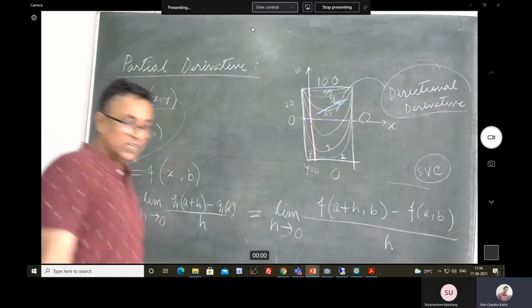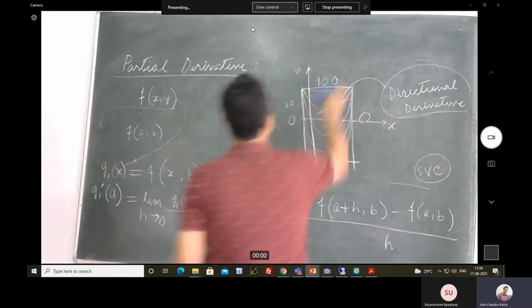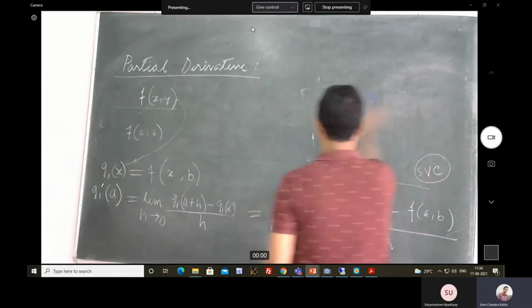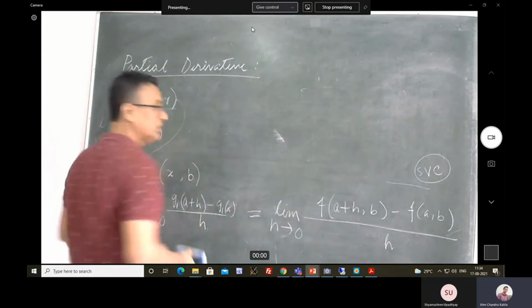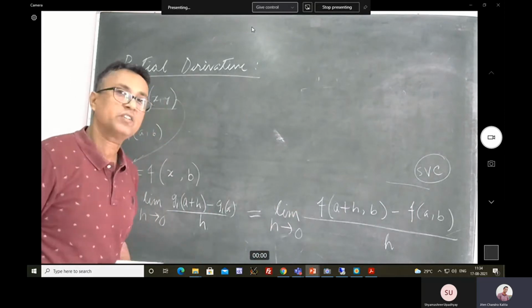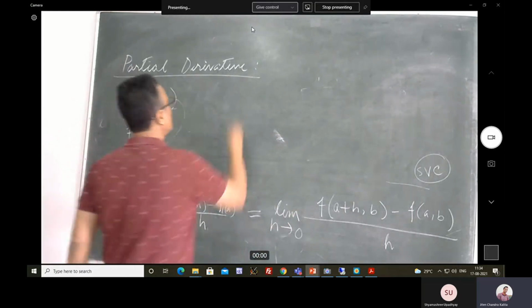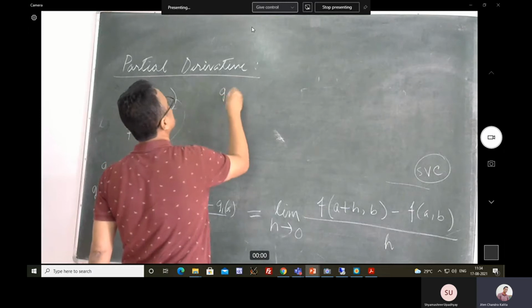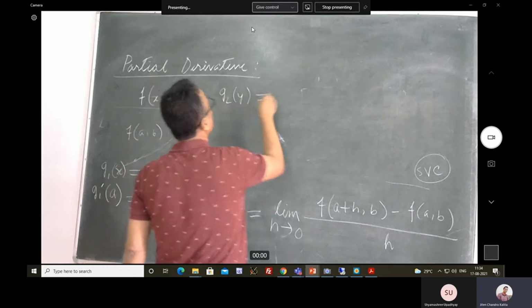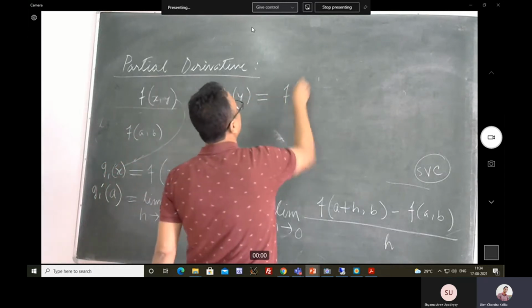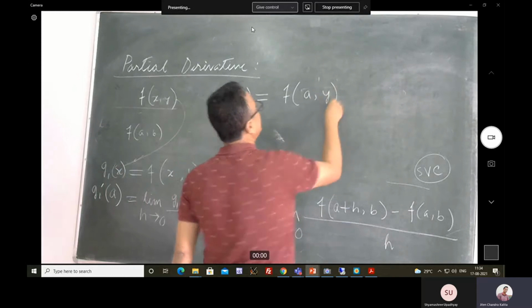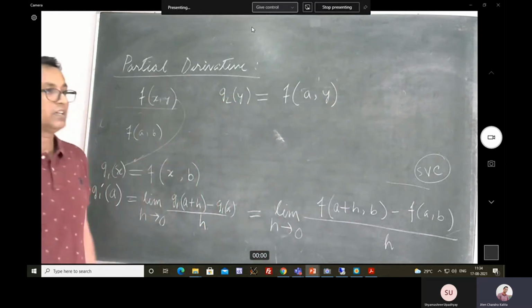Similarly, by considering variation only along one direction, we can define another function, say g2(y), defined to be f(a, y).